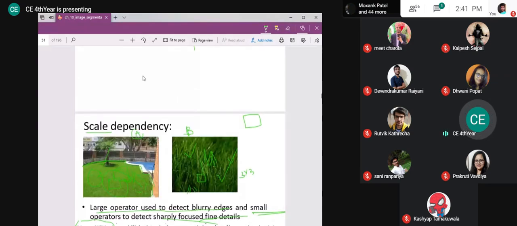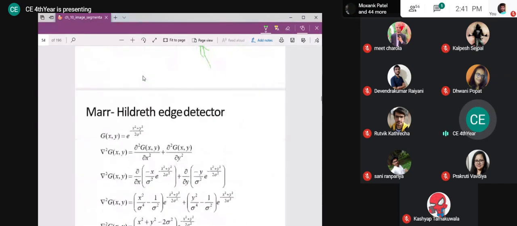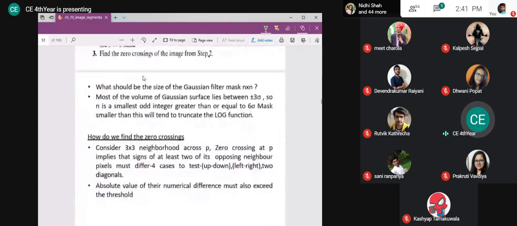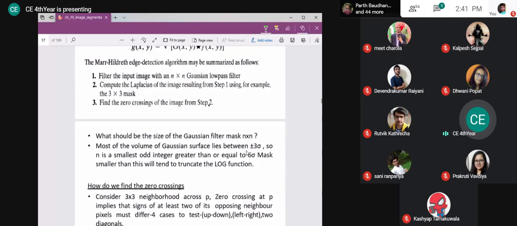That value is proposed by Marr and Hildreth. That value is given by 6 sigma. Sigma is your variance, and your mask size is the smallest odd integer greater than or equal to 6 sigma. Suppose my sigma is 4.